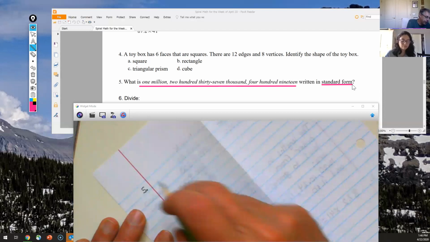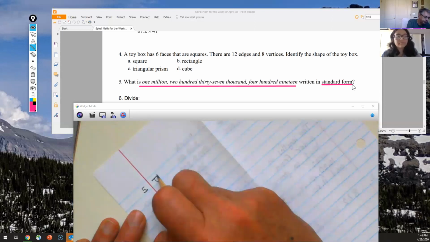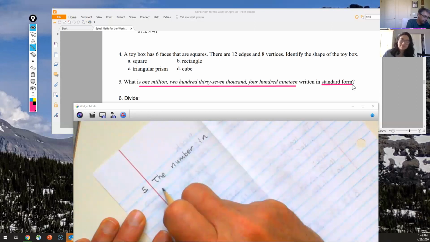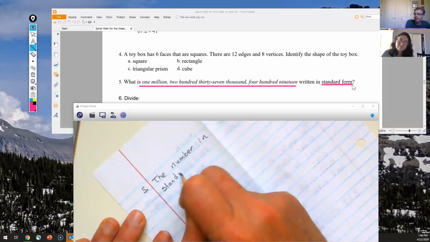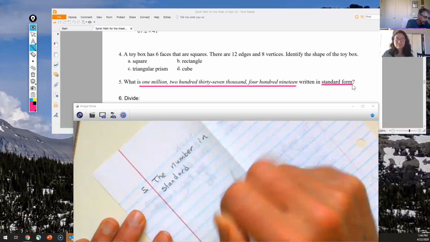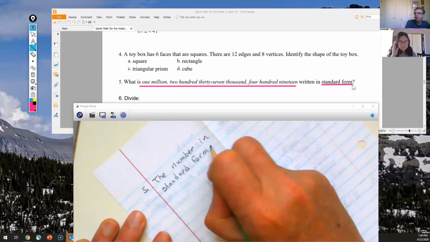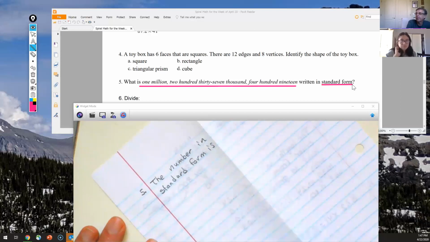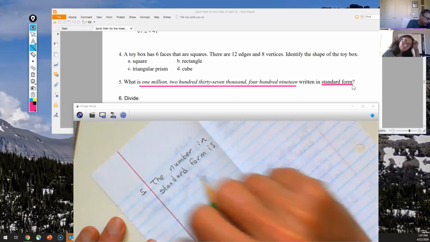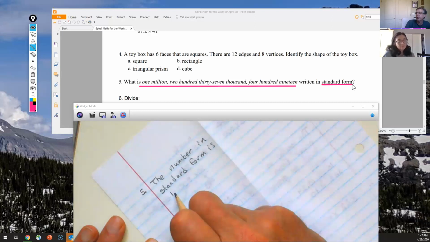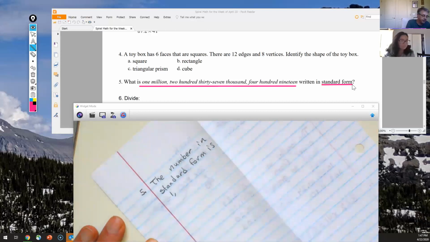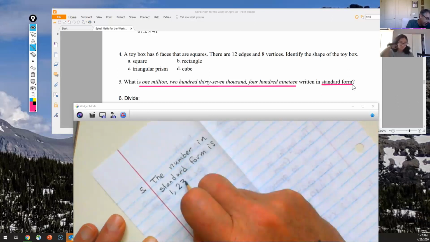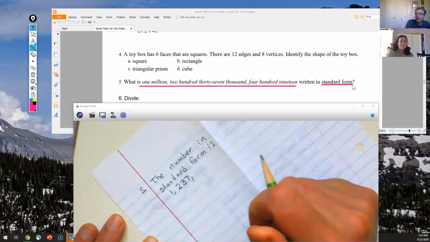So I can write the number in standard form. You definitely want to have the words standard form in your answer sentence. It is, and we'll leave the rest of this here for the standard form. So it's going to start with 1,000,000. I'm going to put a comma after my million. 237,000. So 237,419.